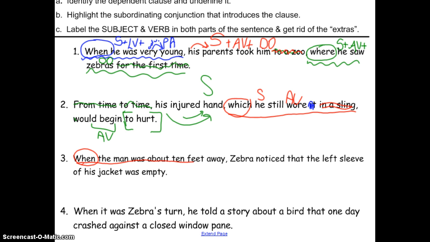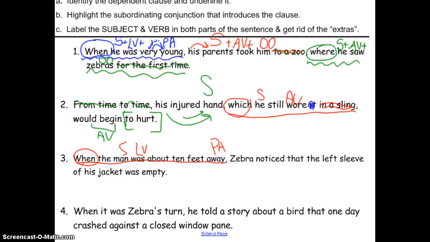So the clause is when the man was about 10 feet away. Now wait a minute. What should you have done first? You jumped right in with your subject and verb, which is good, but was there anything you could get rid of?